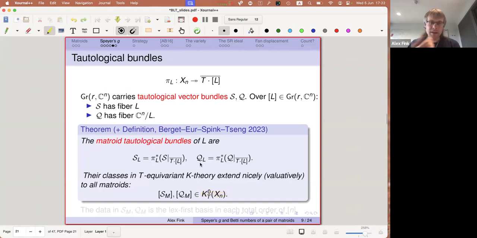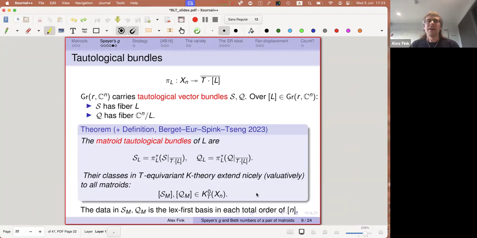And so these are not quite vector bundles. They are just the information in the K theory class of the vector bundle, which is reasonably combinatorially rich information about the matroid, but it is purely combinatorial. If you do equivariant localization, you see that the data you need to build these things is just: take every order of the ground set, record what the lexicographically first basis of your matroid is, and it turns out that gives you the data to assemble into these K-theory classes.